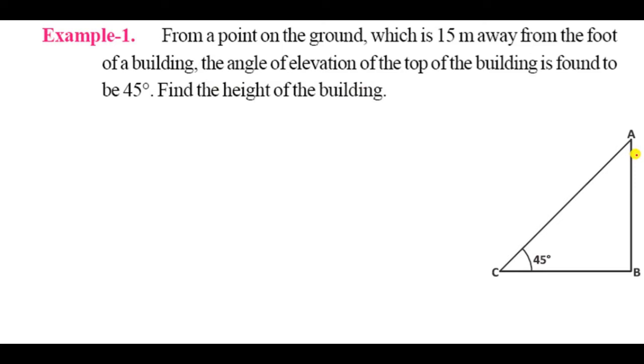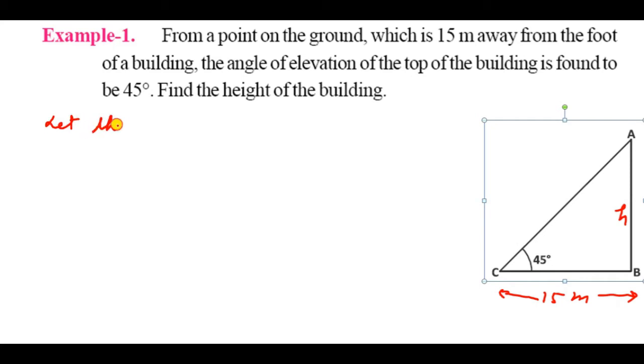AB is the height, so we want to find AB, that is the height H. Let the height of the building be H. The distance is 15 meter away from the foot, so BC is 15 meter.